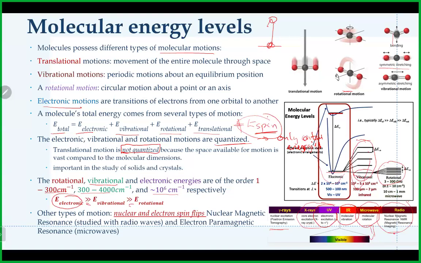Or while one vibration is taking place, several rotations can take place. Long and short, each electronic energy level has several vibrational energy levels within it, and each vibrational level has several rotational levels within it. This is also part of the reason why there might be overlap in some regions of the spectrum.